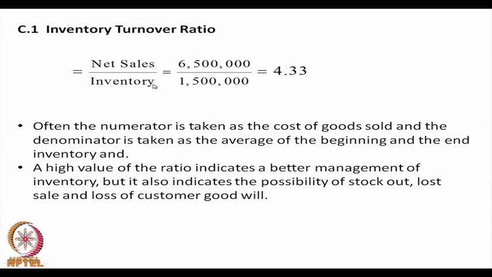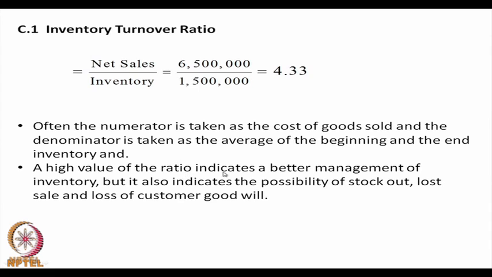So, how can you get the average of the inventory held? If you see the last year's inventory level, that means if you consult the balance sheet of last year and see whatever amount of inventory was left, and at the end of this year whatever amount you are left with, sum the two, divide by 2, what you get is the average inventory held in this year. So, division of cost of goods sold by the average inventory held could also be taken as the inventory turnover ratio. This is what I am trying to tell you.